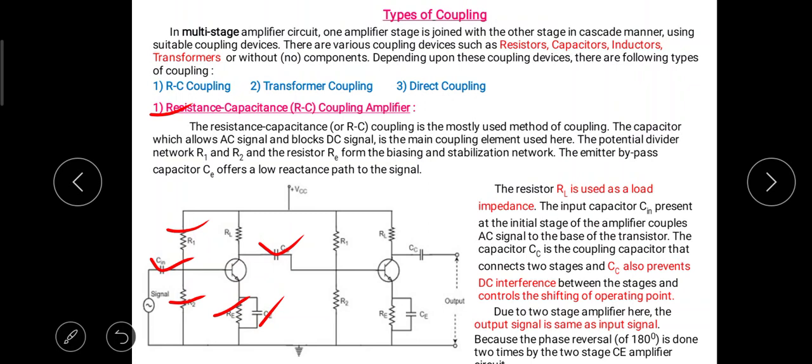Here we are interested in studying the method of RC coupling. See at the output, we have to connect the load resistor RL at this output part.